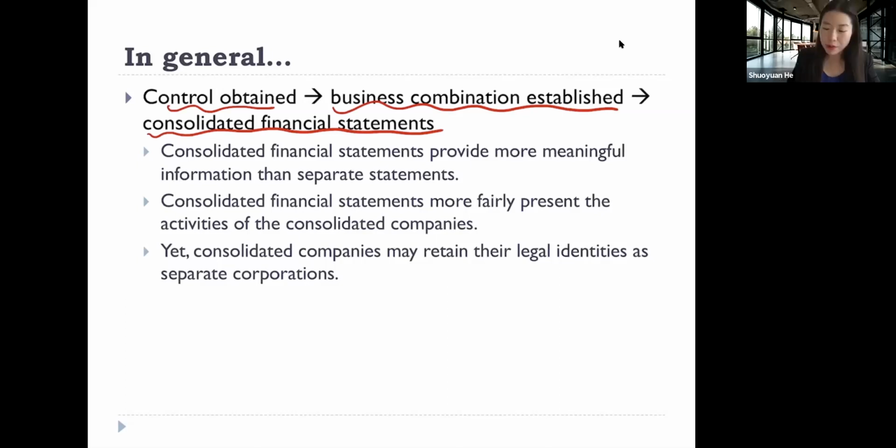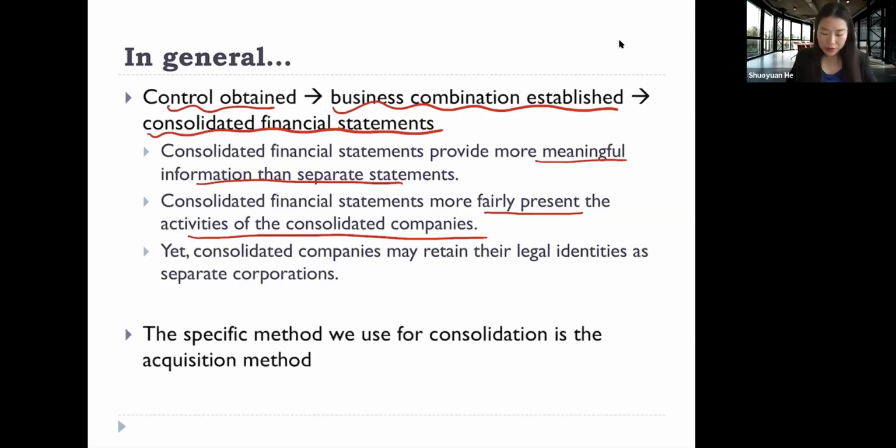For example, it will provide more meaningful information than separate statements, and it more fairly presents the activities of the consolidated companies. And all of this can be done with both the parent and the subsidiary still remaining separate legal identities.